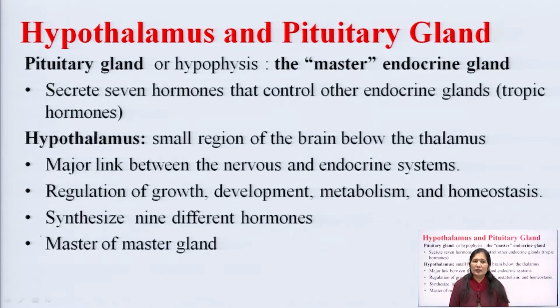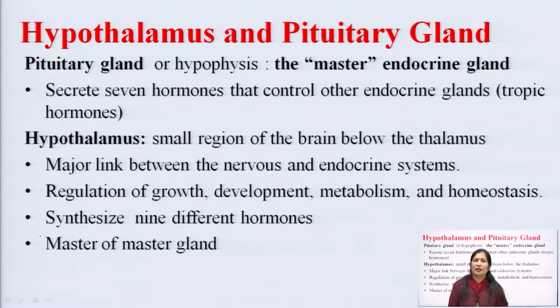So, hormones that are secreted from the pituitary gland are known as tropic hormones, and pituitary gland is known as master gland because it secretes 7 hormones and controls other glands.